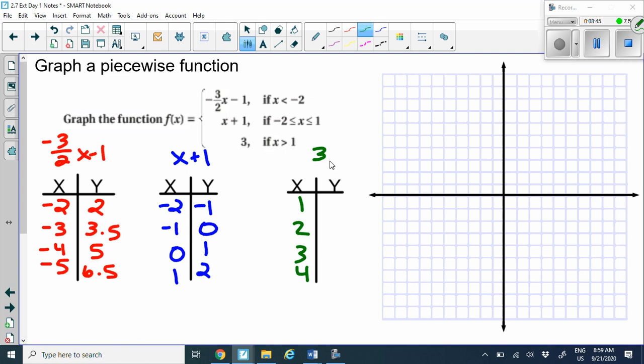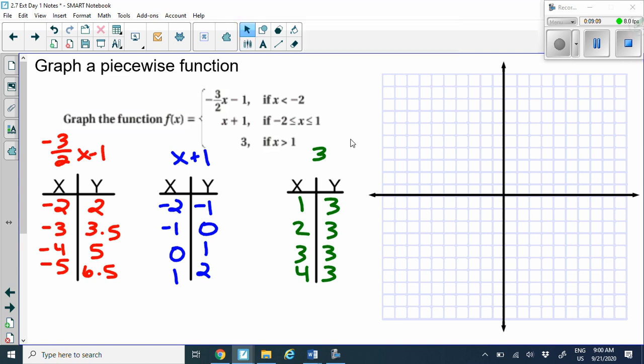How can I figure out my y's? Remember, when it's just a constant, a number, that is going to be the y value for every single x, okay? So this is going to be 3, 3, 3, 3, because that's our y value. So anytime you have a constant, make sure that is your only y value there, okay?